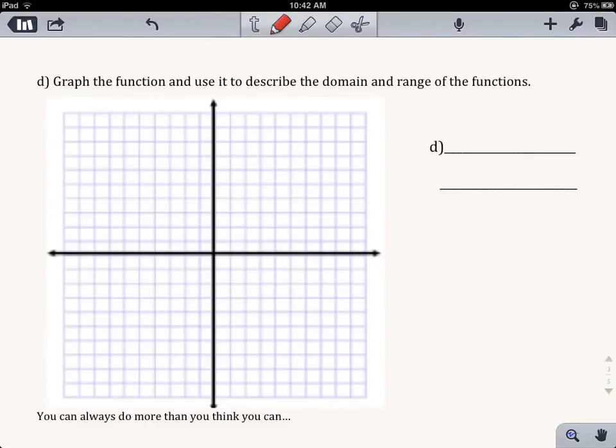Alright, so we want to graph that function and use it to describe the domain and range of the function. We have an odd function, right? We had 3 factors, so we have an x cubed. So it's going to look something like that. I know the coefficient was positive because there wasn't one. There was no negative sign, there was nothing.